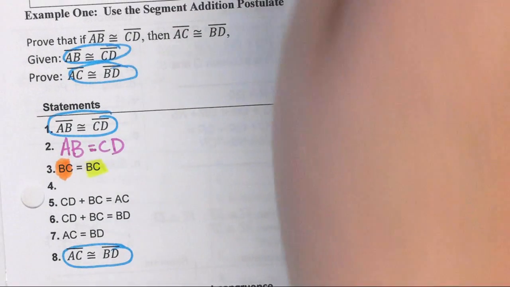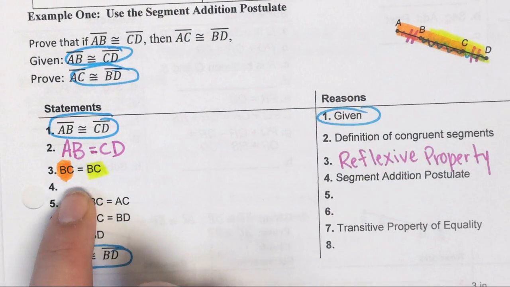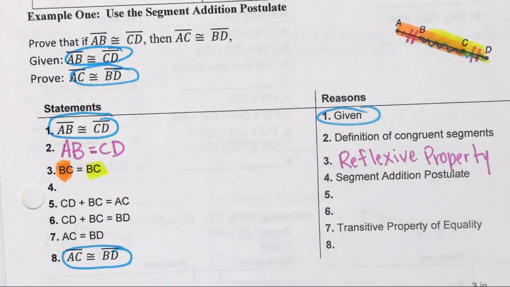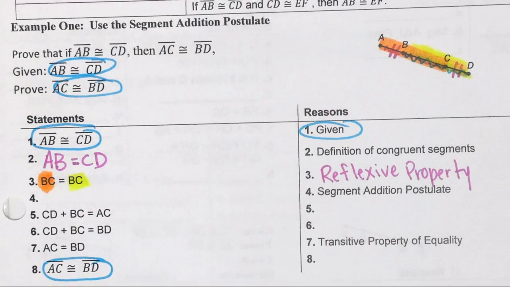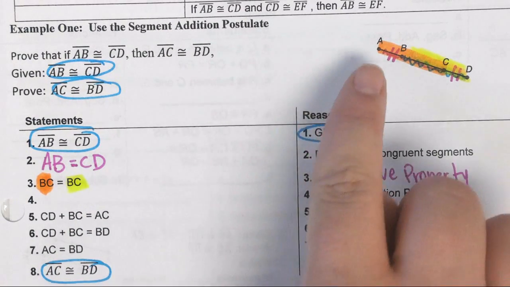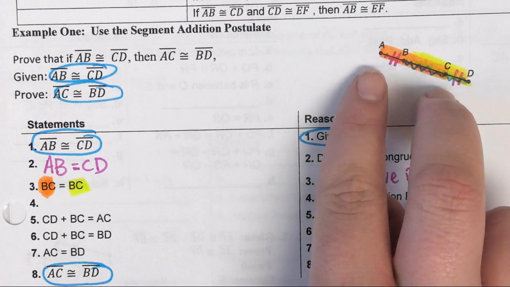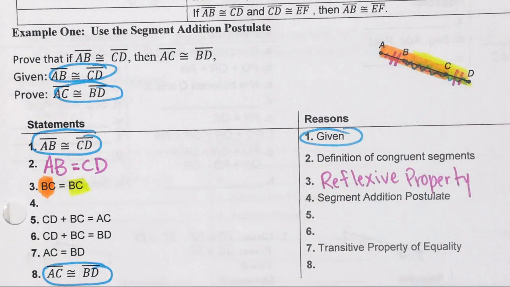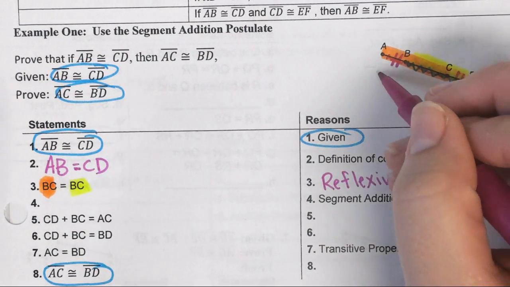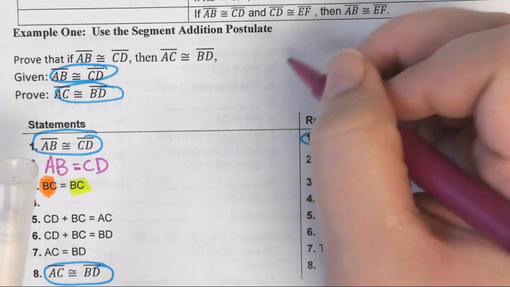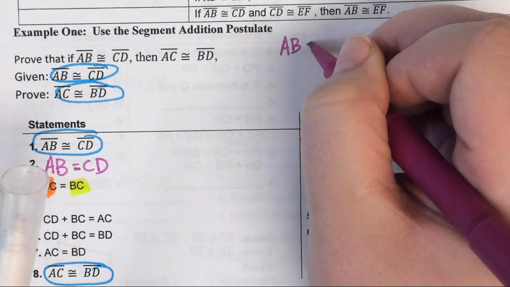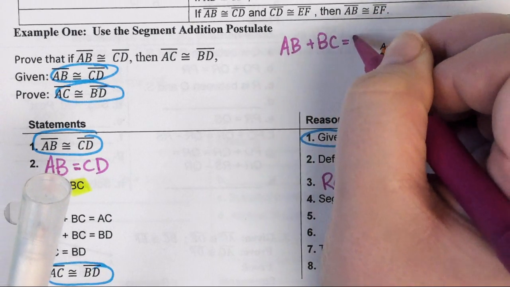So I've got to do something with the segment addition postulate over here. The segment addition postulate, just as a reminder, says if we do the tiny piece plus the tiny piece equals the whole thing. What's interesting about this problem is there are 2 different segment addition postulates I could write. I could write one for AC, so AB plus BC equals AC.